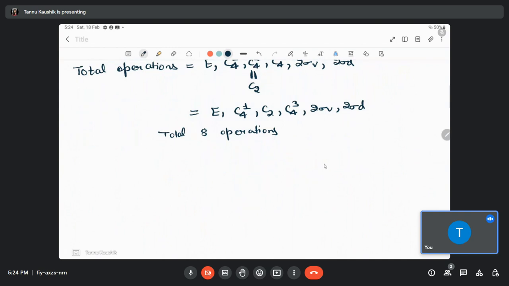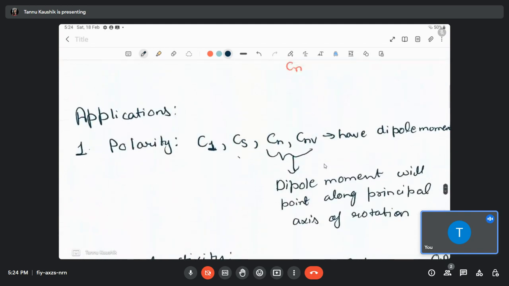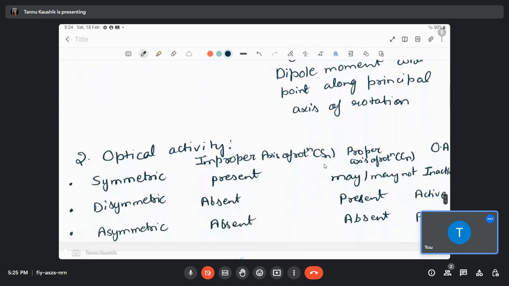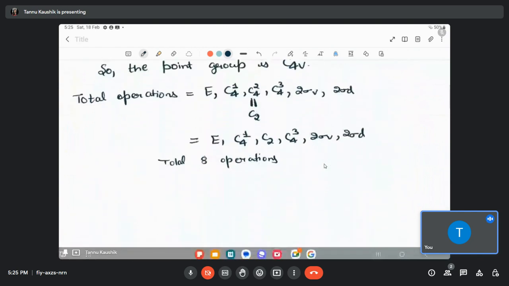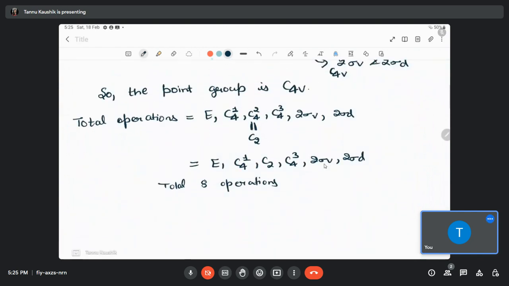Now let us check the applications here, whether this molecule is polar or non-polar. So we have already seen that here we have the C4v point group, which is a CnV point group. So it will have a dipole moment, that is this molecule will be polar and the dipole moment will be present along the principal axis of rotation, that is the C4 axis of rotation here.